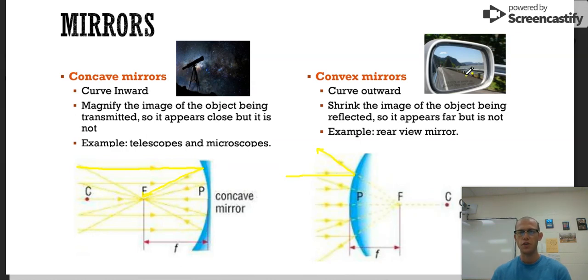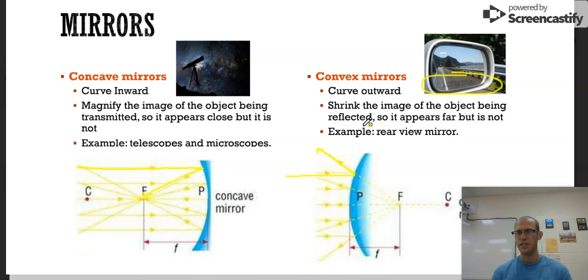For example, your rear view mirror does that. If you ever look at your rear view mirror on the passenger side, it will say objects in mirror are closer than they appear. It's because the rear view mirror is a convex mirror. By making it convex, we can see more of the area behind the vehicle.